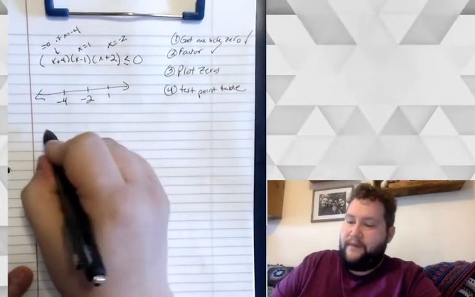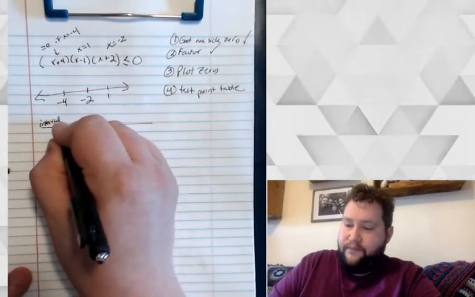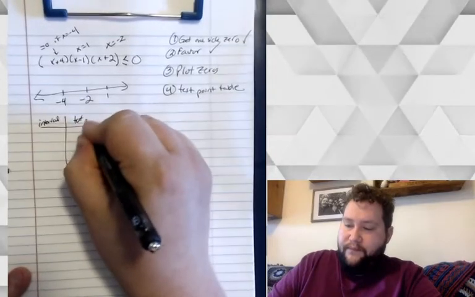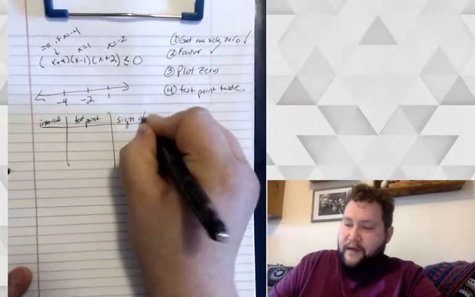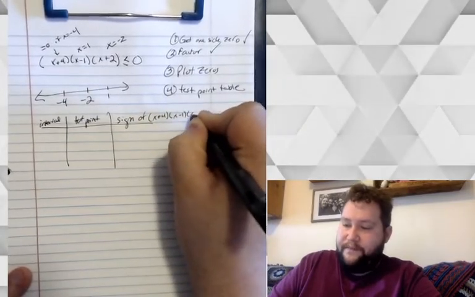So we have interval, test point, and sign of x plus 4, x minus 1, x plus 2.